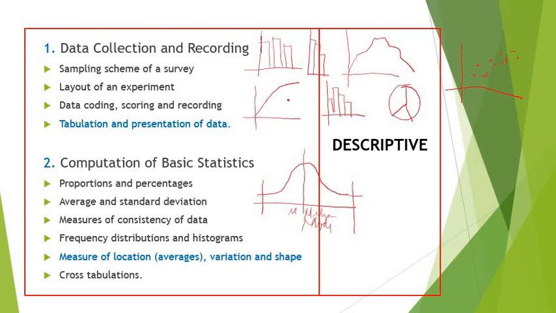What is important here is that you describe your center, the central tendencies of your data, and you would also like to analyze the spread and the shape, because your distribution could be positively skewed or negatively skewed or normally distributed.